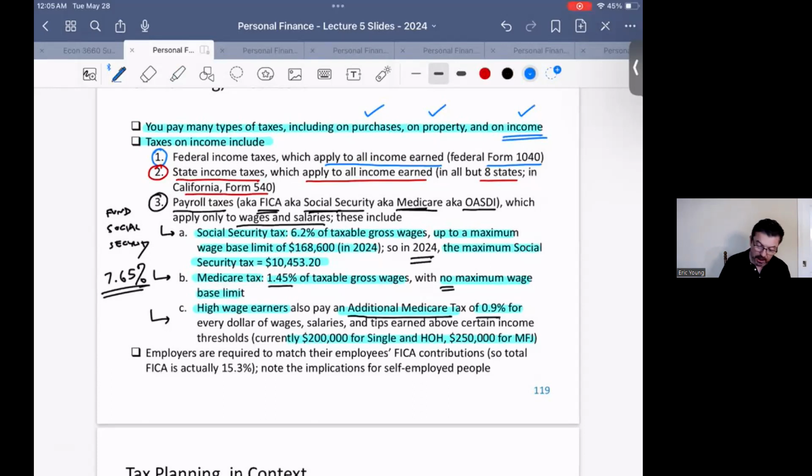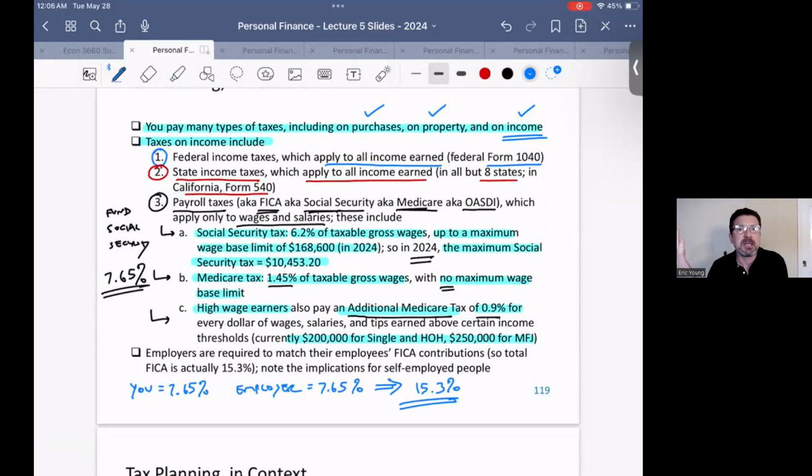So technically, you are paying 7.65% of your wages as the employee portion, and your employer is also paying 7.65% as the employer contribution. So technically, if you think about it, FICA is actually 15.3% of your wages.